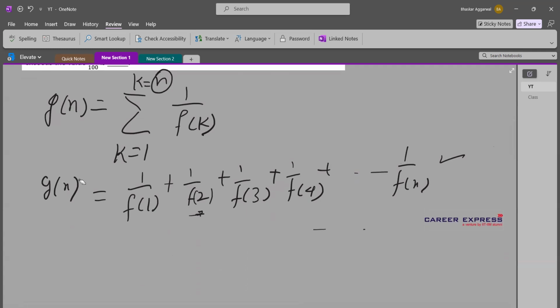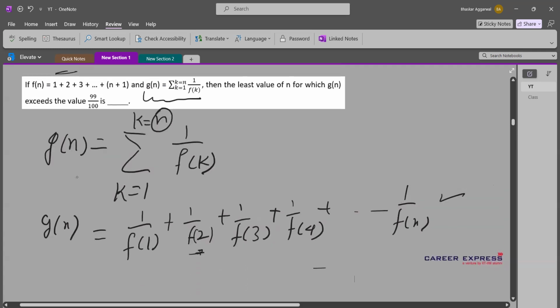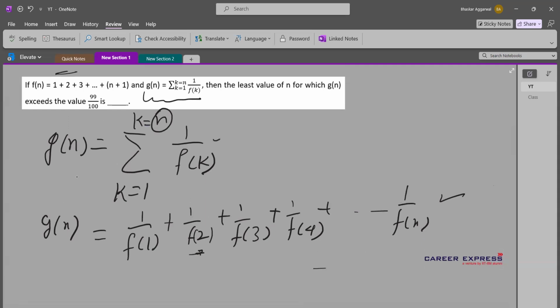We will go back to this point, and from here we will simplify the steps. So I can rewrite this as k equal to 1 to k equal to n, 1 upon fk. Now what will be the value of fk?